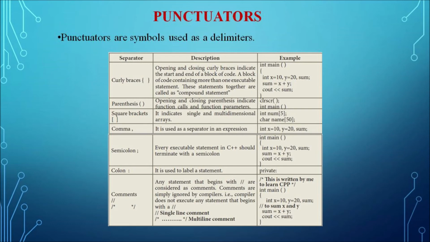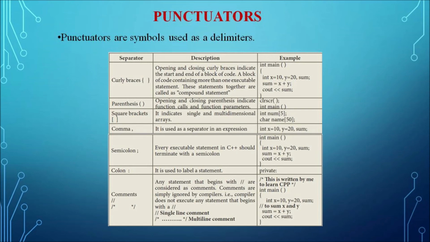While writing a C++ program, various delimiters are used. They limit the execution level and create a block. They limit a certain set of code into a group. Those symbols we call punctuators. They can also be called separators.